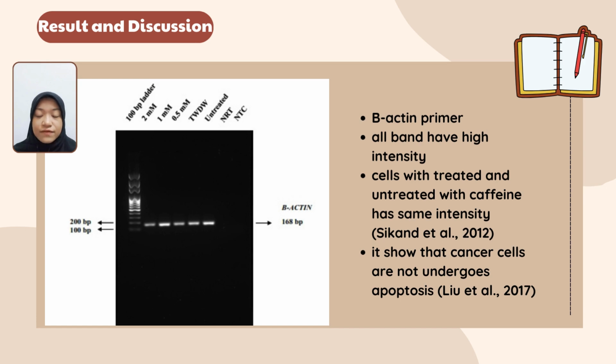The intensity of the band is high, so it gives us a positive expression. This is because beta-actin acts as a constitutive or housekeeping gene that perpetually expresses. So, it indicates that the cancer cells are not undergoing apoptosis.